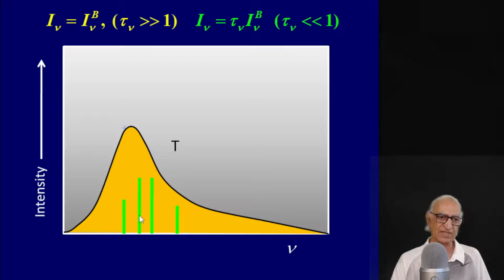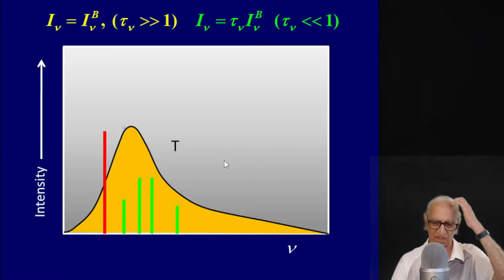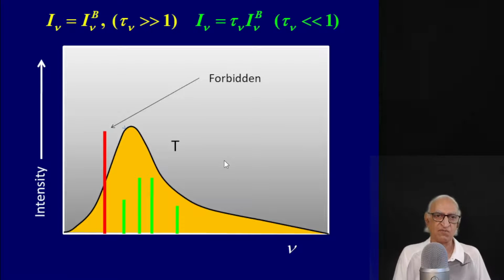The specific intensity can have any value it likes depending on the mechanism and various other things, but it can never be greater than the corresponding value from a true black body, which is the value on the black line. In other words, it cannot be like this red bar over there. That is forbidden for a body in thermodynamic equilibrium.